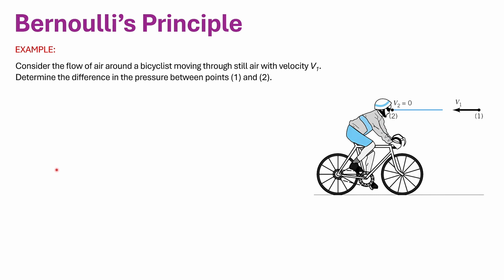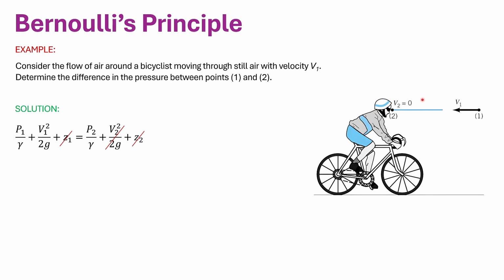Example. Consider the flow of air around a bicyclist moving through still air with velocity v1. Determine the difference in the pressure between points 1 and 2. So if we write Bernoulli's equation between points 1 and 2, since points 1 and 2 have the same height, z1 and z2 cancel out.